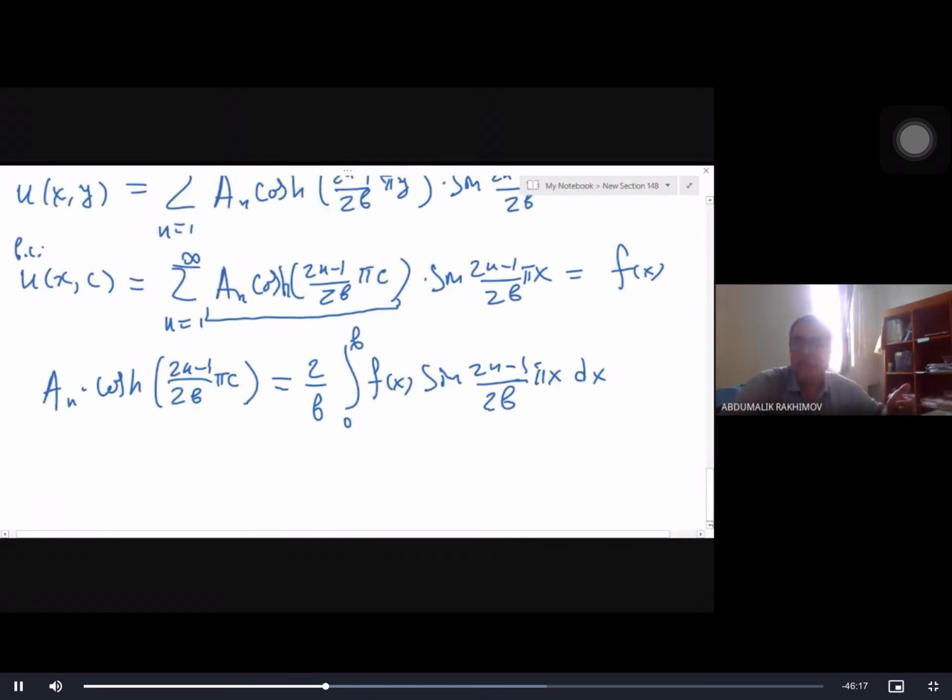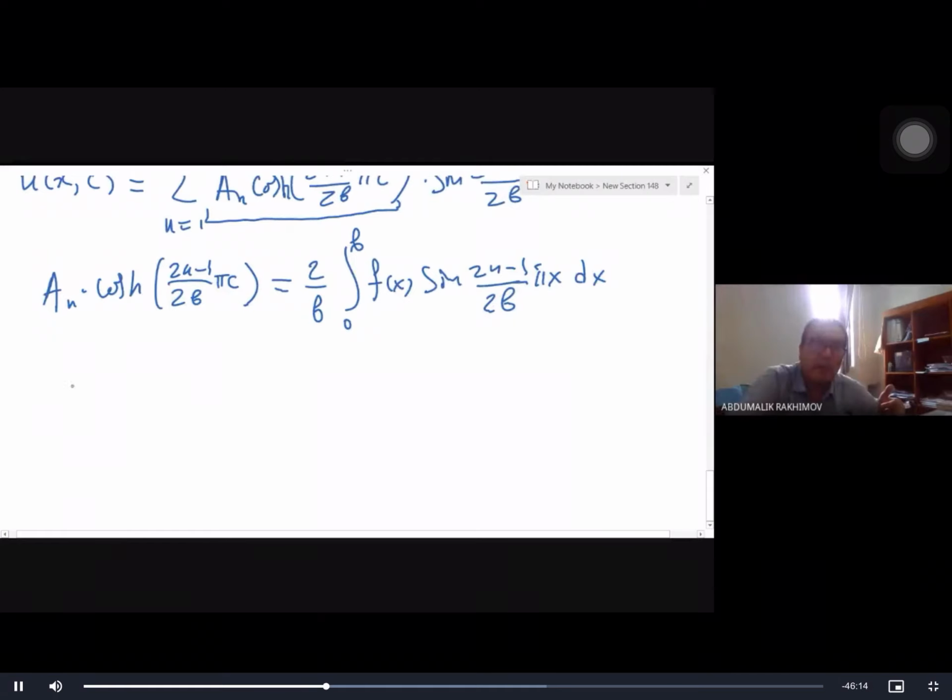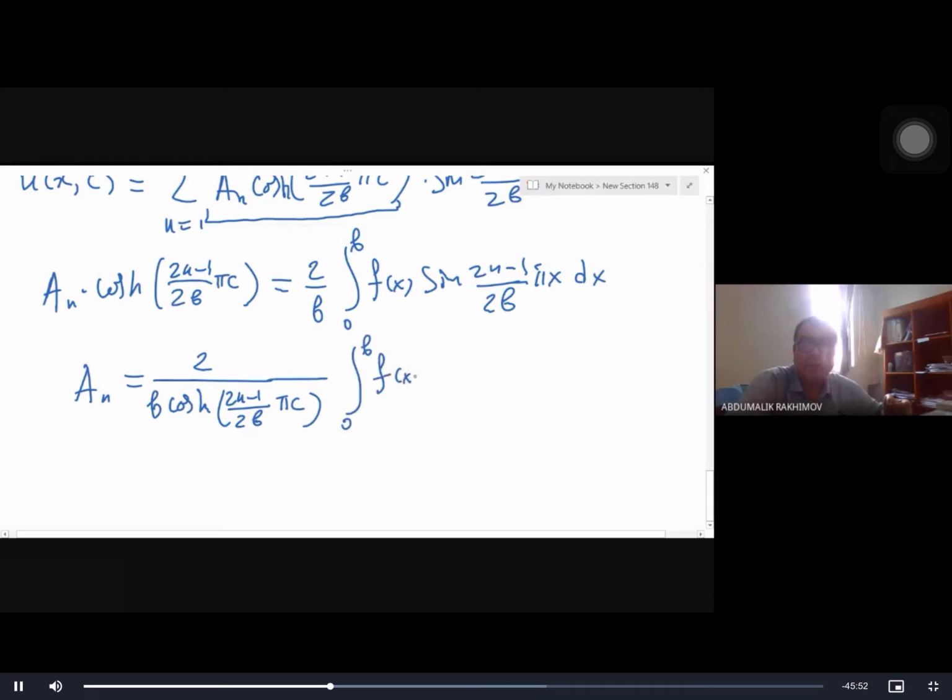So from this we can find the formula for the a_n coefficients. The a_n coefficients are equal to 2/(b cosh((2n−1)/(2b) π c)) times the integral from 0 to b of f(x) sine((2n−1)/(2b) π x) dx.